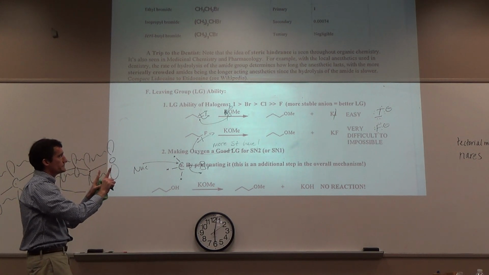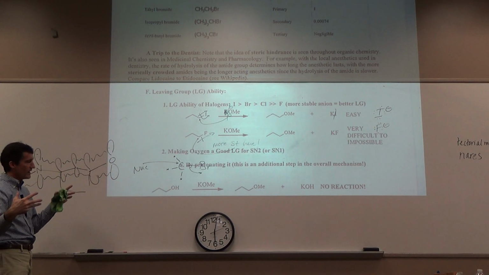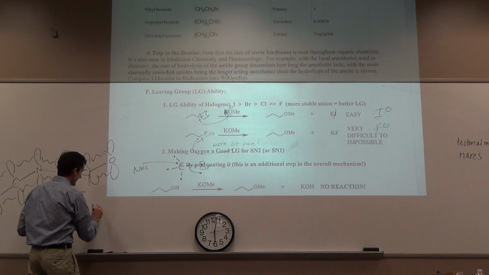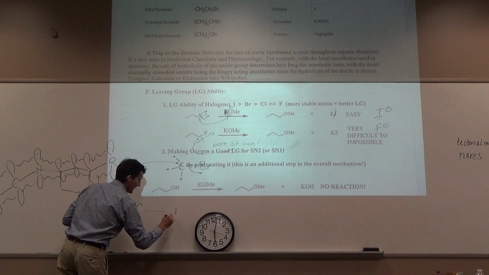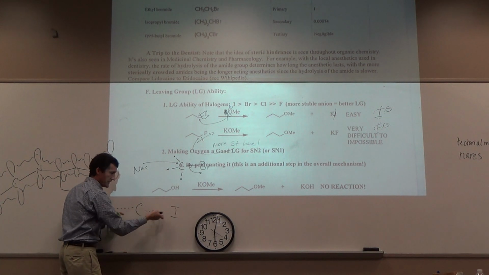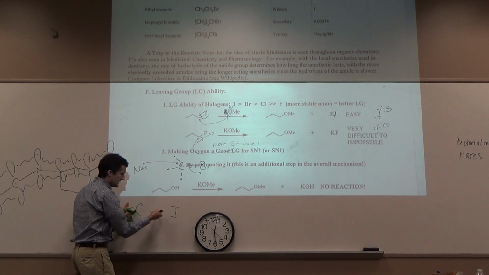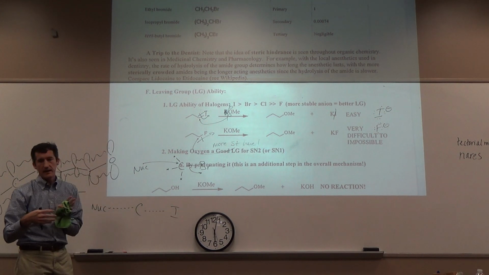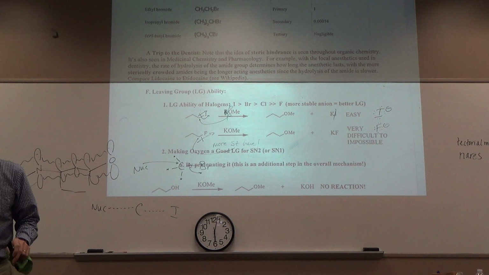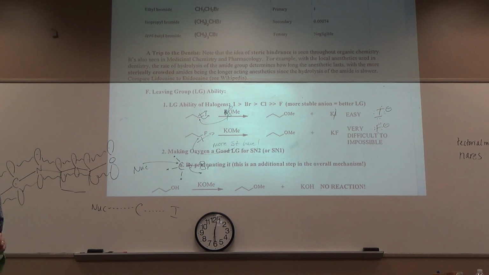There's another thing. Iodine, because it's big, you remember the transition state? Where this is bonding and the leaving group is breaking? Because it's so big, this breaking can occur easier. Fluorine just has to break.